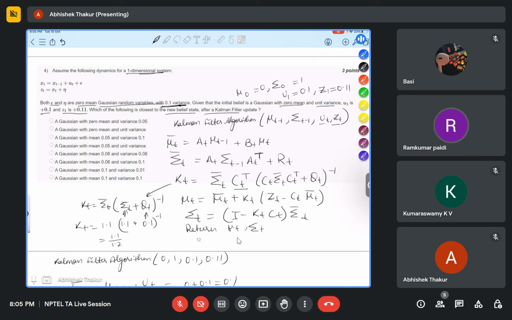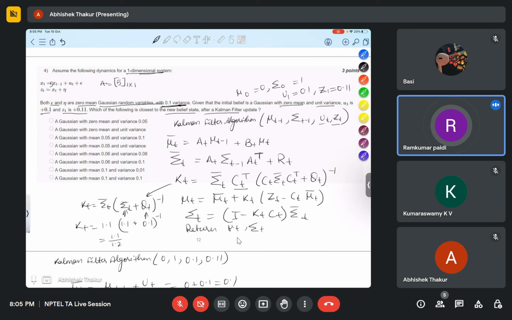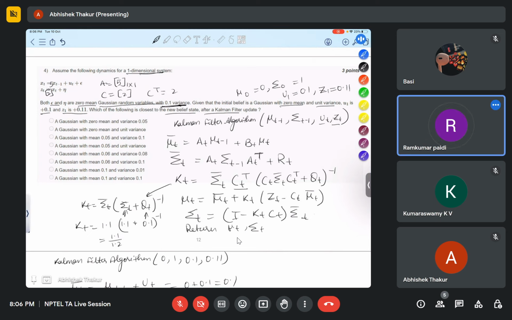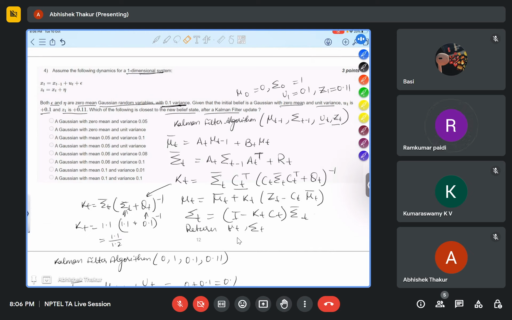Yeah. Let's suppose here xt is equal to 5 xt minus 1. Then here A is equal to 5, so matrix A is 1 cross 1. And let's suppose C is given as 2, like Zt is equal to 2xt. So C is equal to 2, so C transpose will also be equal to 2. In one dimension, the transpose and the matrix are equal. But in multi-dimensional, you have to take the transpose and then multiply.